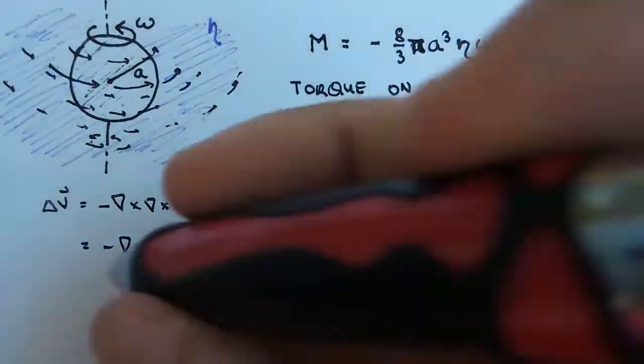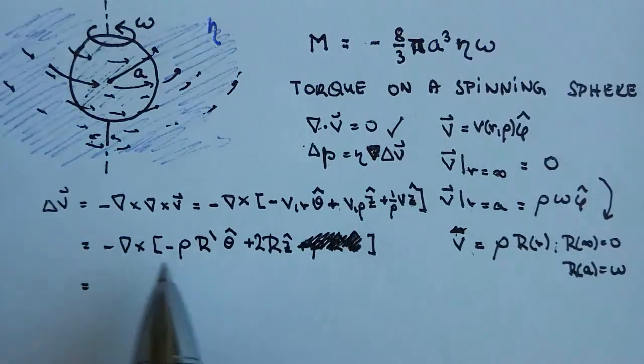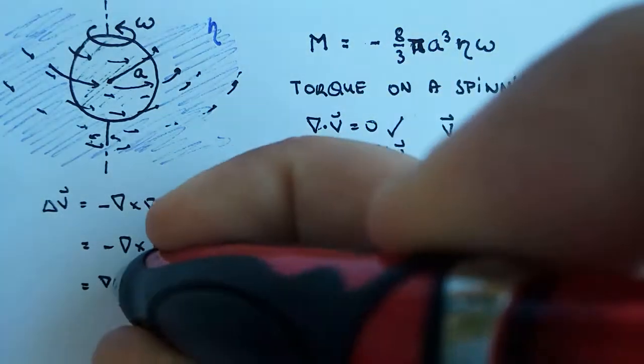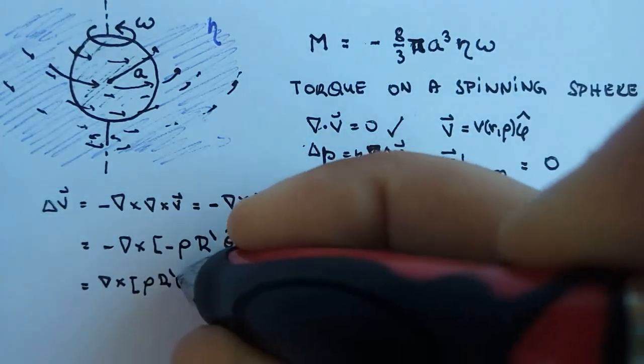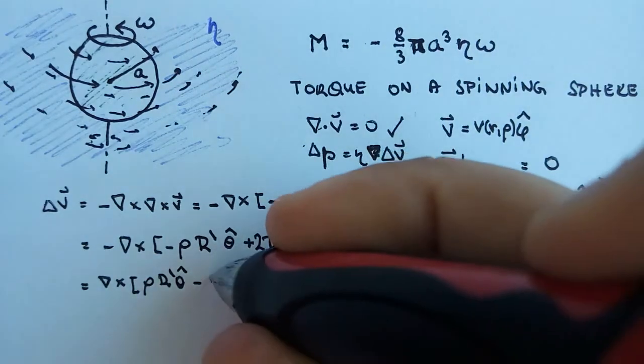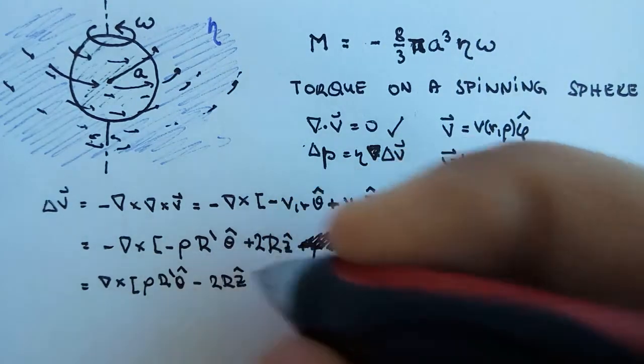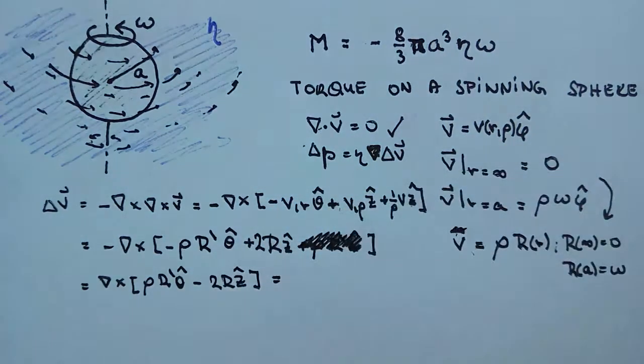Next we will compute this. So the curl of rho, let's take out the minus sign, so it's this: 2rz, and that is the curl of rho, which is what? Nabla of rho, which is rho hat, cross theta.